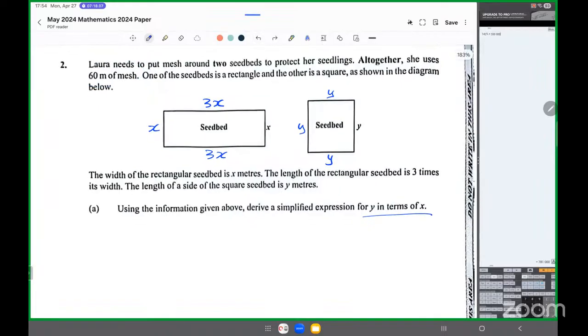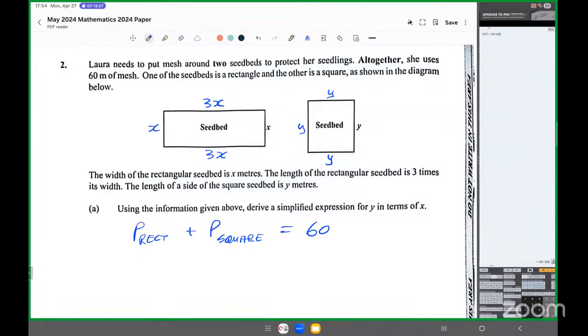The perimeter of the rectangle plus the perimeter of the square is 60. That's the total mesh used to fence around the rectangle and the square.